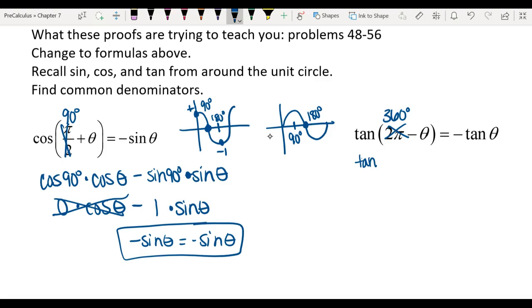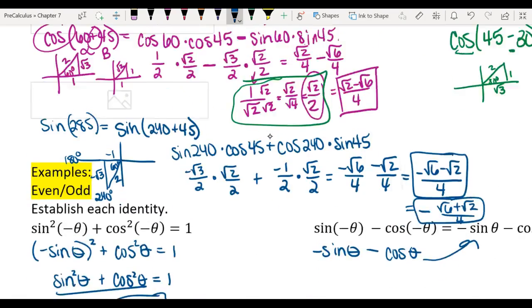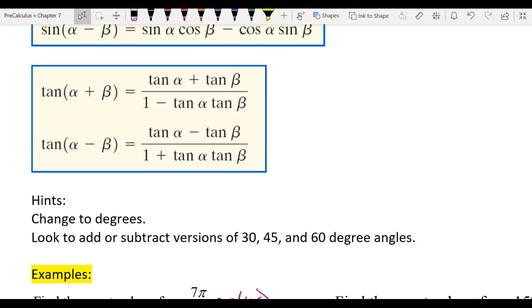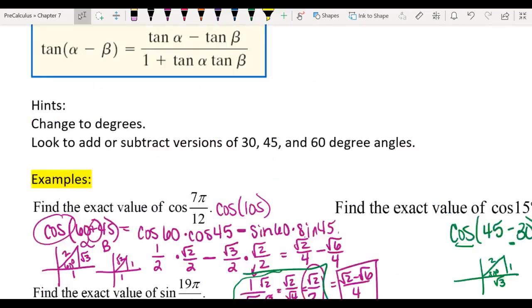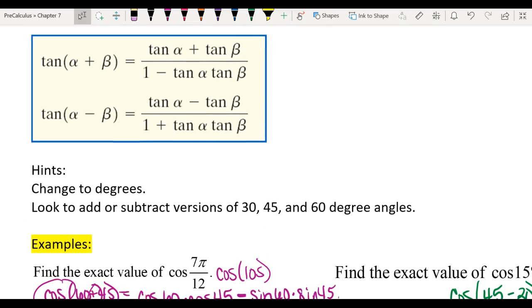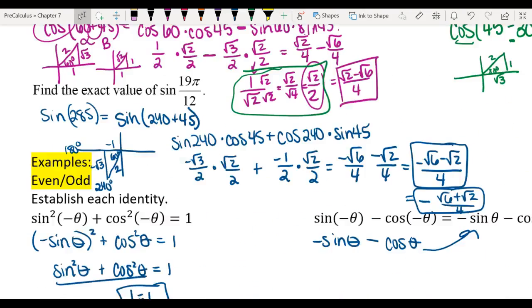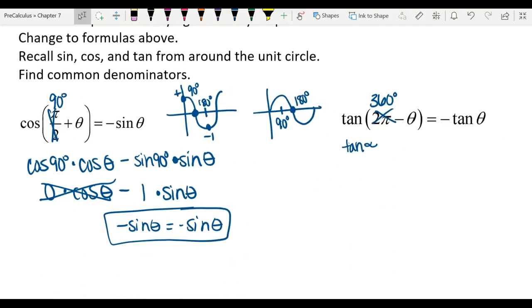So tan of alpha plus tan of beta. Here, let me write it on the board. We're doing subtraction, right? Okay. Tan of alpha minus tan of beta all over 1 plus tan alpha tan beta. Okay? So now that's what we're plugging into for this problem here.